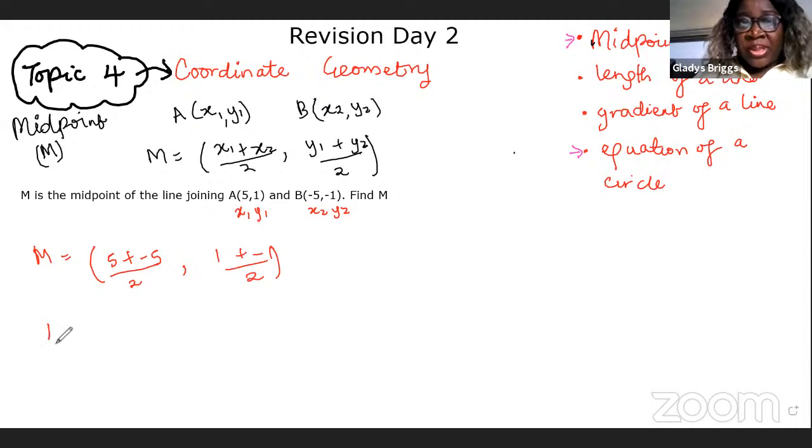And your midpoint is going to be what? 0 over 2 is 0, and this is going to be 0 over 2, 0 again. So your midpoint is going to be (0, 0). So that's how you do it for that one. That's how you work out the midpoint.